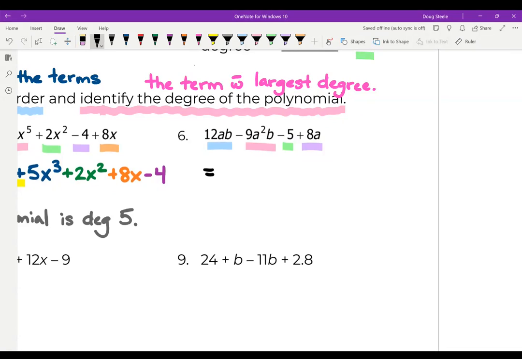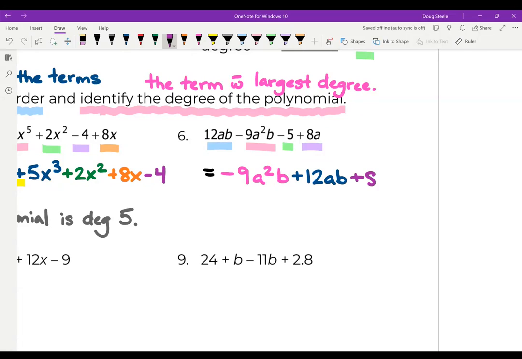So in this case, that negative 9a squared b is the largest degree term because there are 3 variables multiplying in that term. There are 2 a's and 1 b. The next one is the 12ab. Once again, I put that positive there because I have to assume, if there's no sign out front, that it's a positive term.